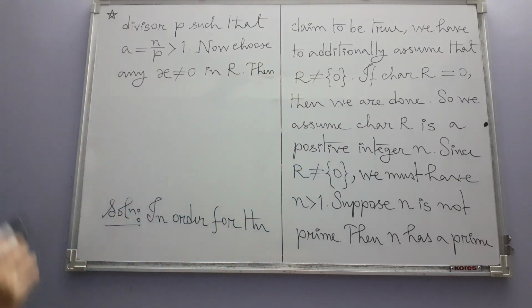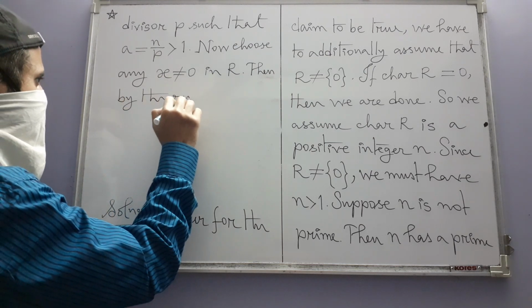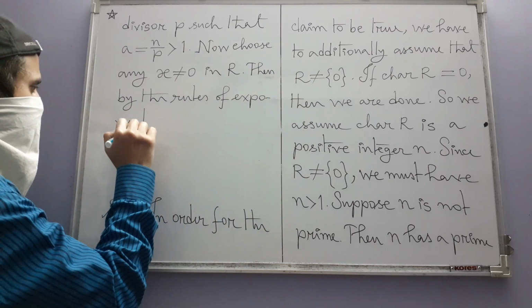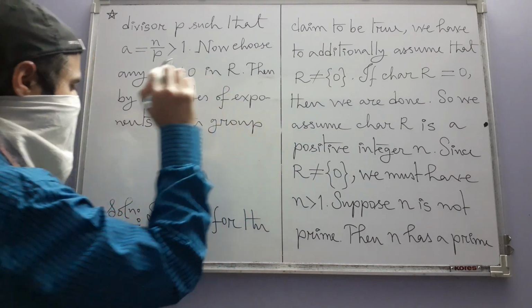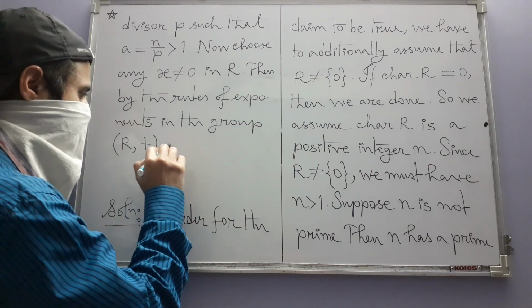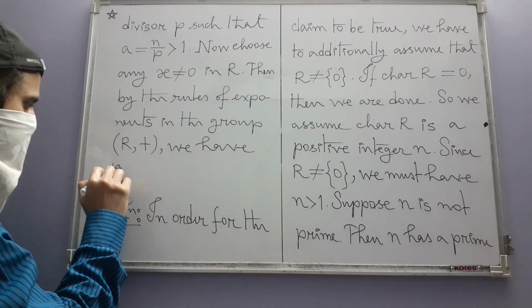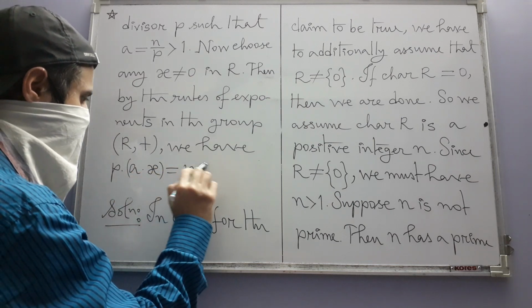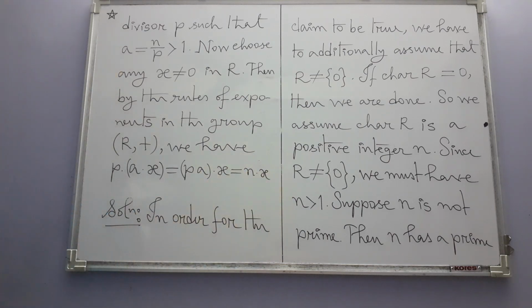Then by the rules of exponents in the group R plus, we have p dot (a dot x) equal to (pa) dot x, which is n dot x, and that is equal to 0.